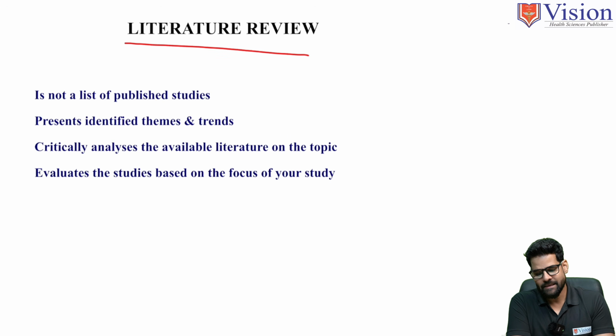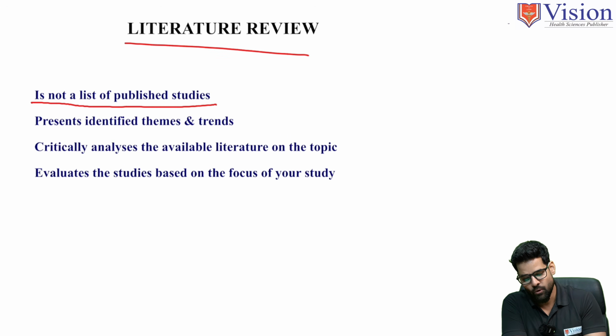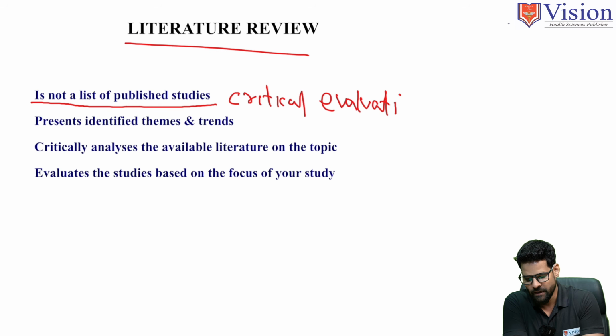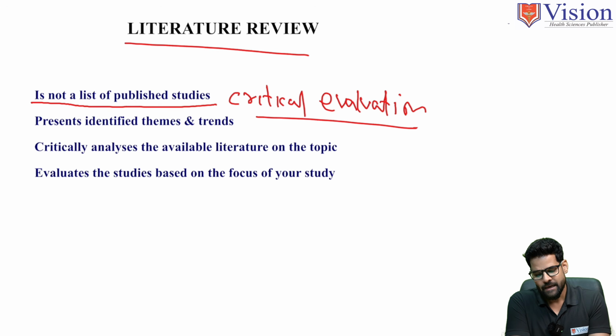So please understand that a literature review is not a list of published studies. It is a critical evaluation. It presents identified themes and trends. If you are conducting a literature review, it will tell you what has been done on a topic.